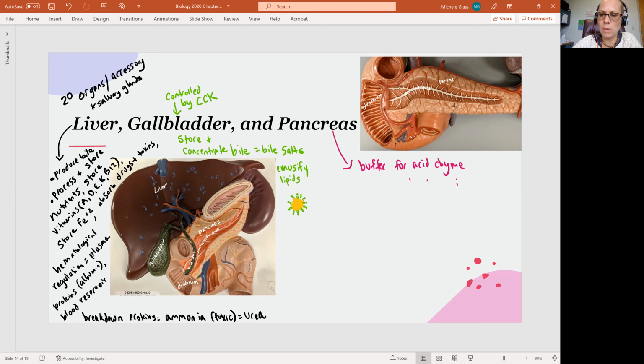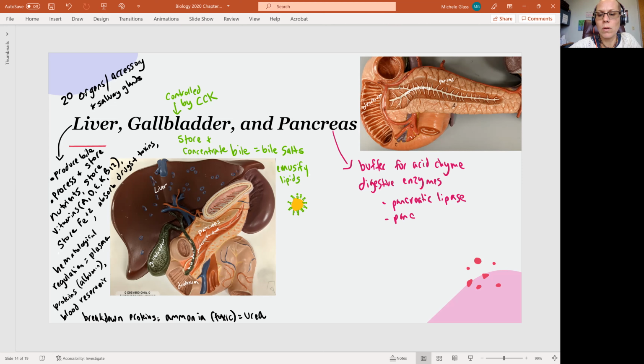Actually, I'm going to change this. I'm going to write digestive enzymes. So we're going to get pancreatic lipase released into the duodenum to help break down the lipids. So this is in addition to the lingual lipase that we had.